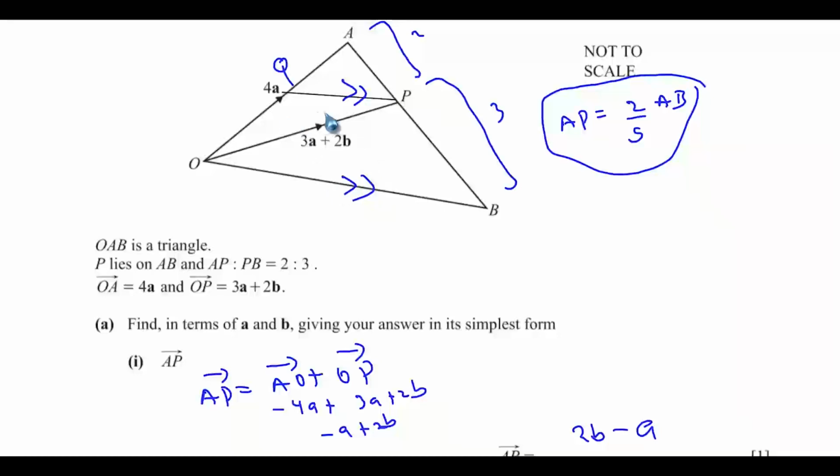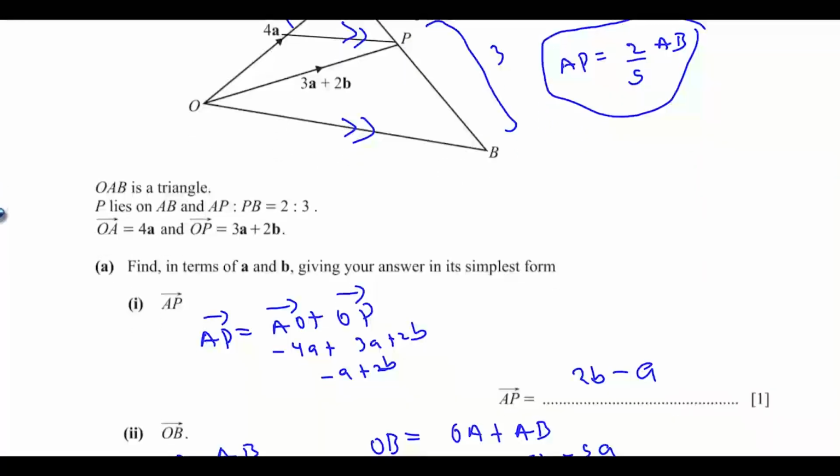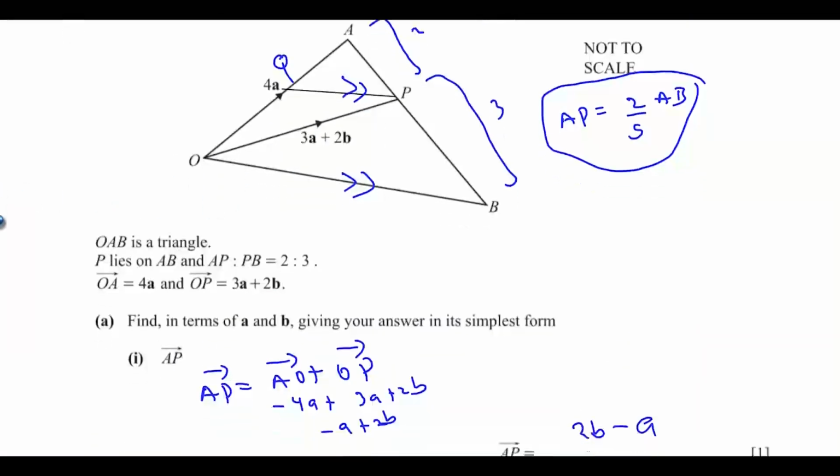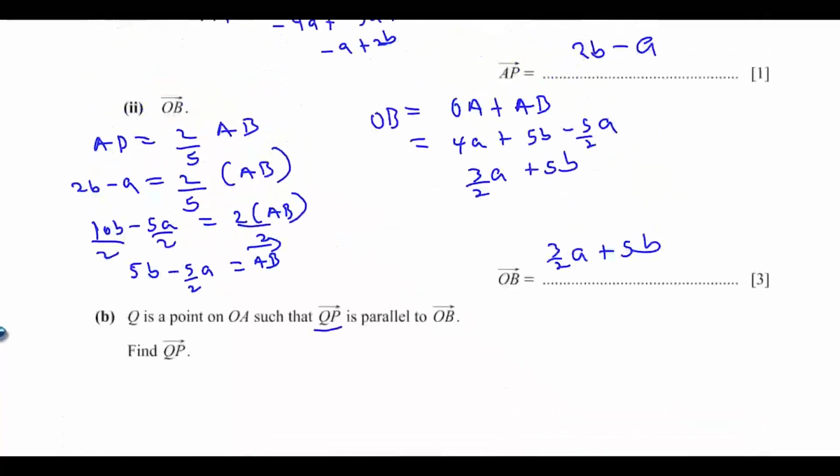Because there's a theorem: if a line is drawn parallel to the opposite side of a triangle, then the other two sides are in the same proportion. That is a theorem. And also, triangles AQP and AOB will be similar triangles. Another thing is that if two vectors are parallel, one is a multiple of the other.